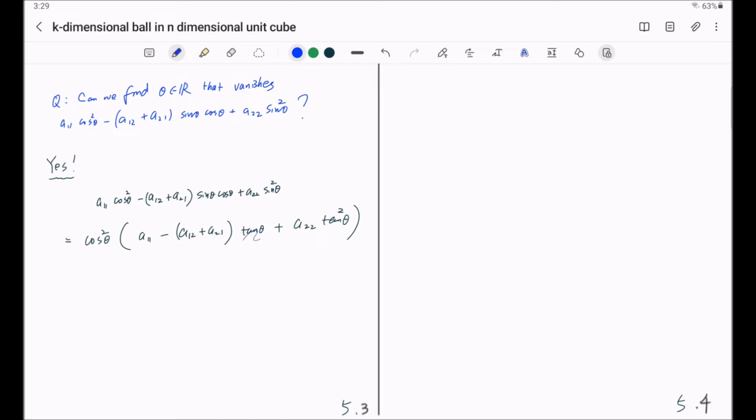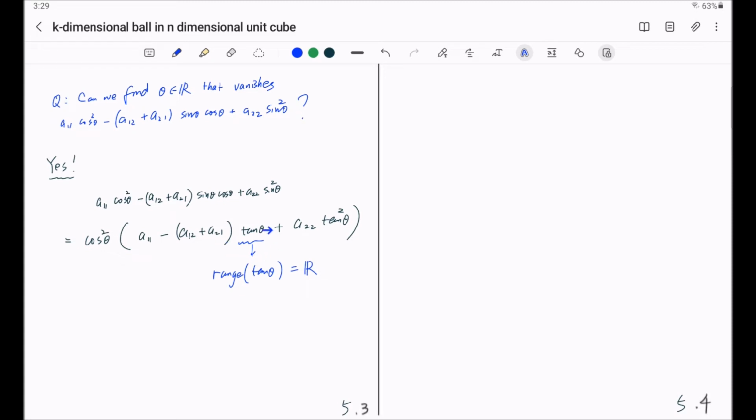Here, we know that tangent theta has range the whole real line. So you can view this part as a quadratic function of a real variable. And this part, cosine theta, is bounded by 1.